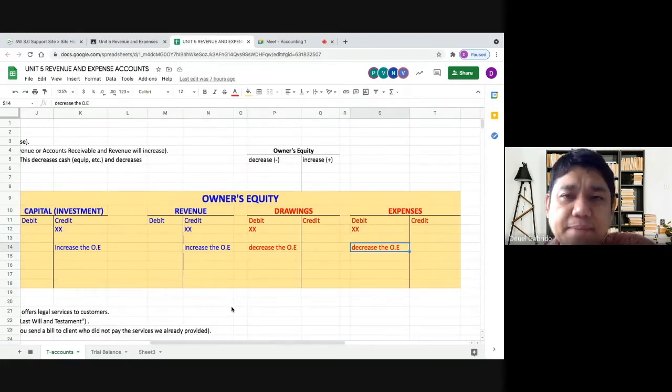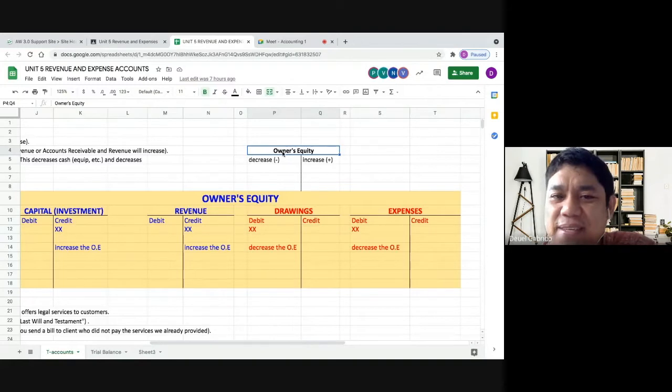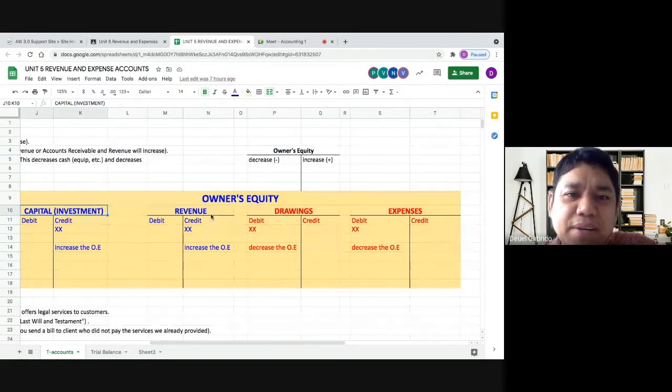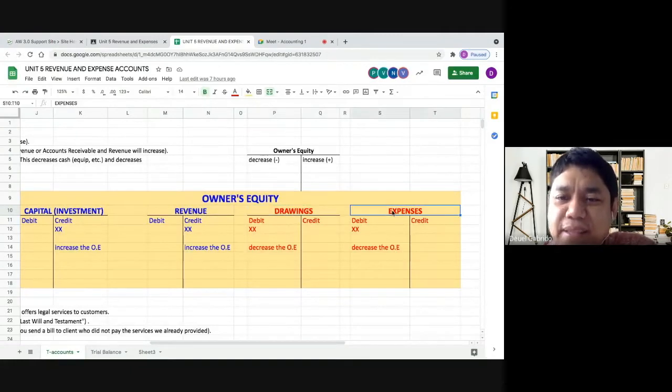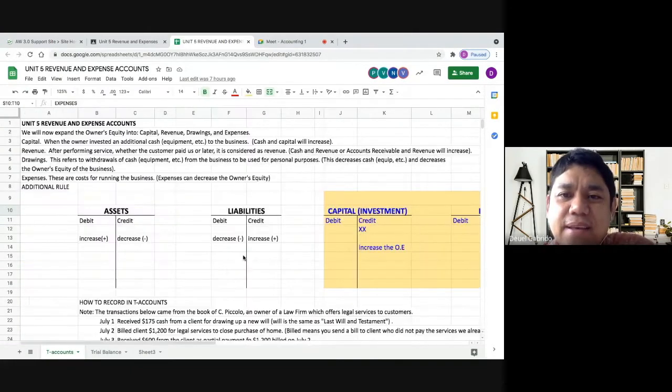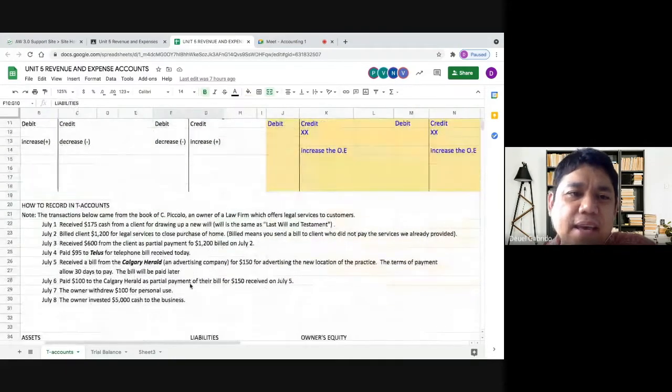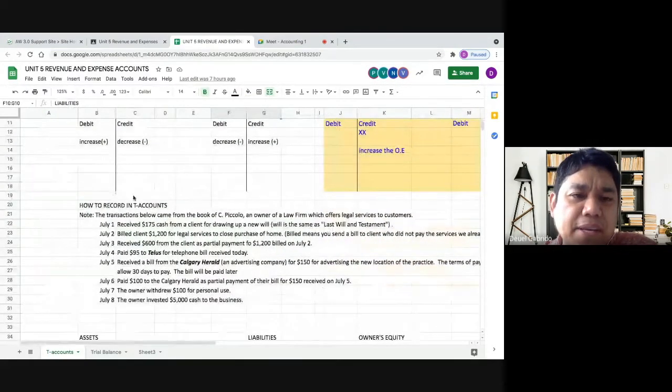Are you guys good? Okay, so in short, the word owner's equity will not be used to name the specific account. We will now use the four things under it. Of course, we will also use the assets and liabilities. Let's do it. How to record in the accounts.